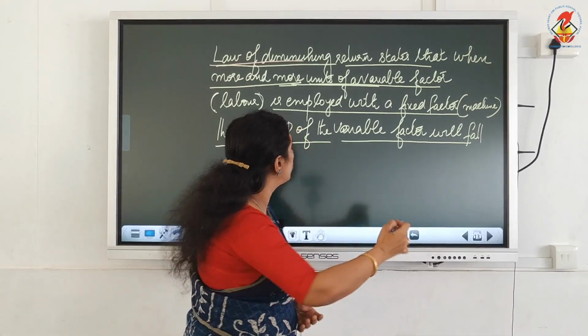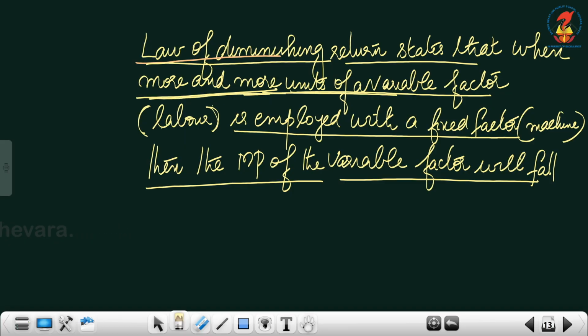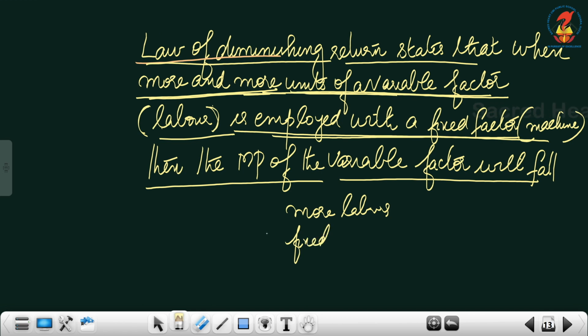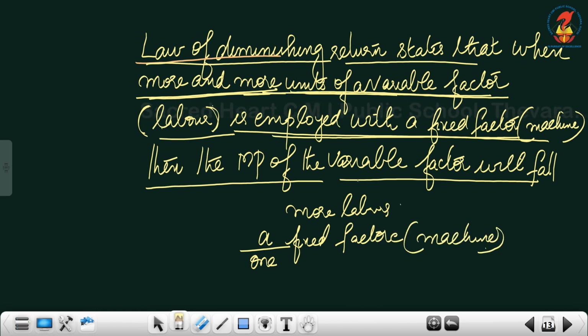When more and more units of a variable factor, what is the variable factor? Labor, is employed with a fixed factor. So more labor is there with a fixed factor. A fixed factor means one fixed factor. So what is this fixed factor here in the example? Machine. That means if we are employing more labor and there is only one machine in a firm, what will happen?